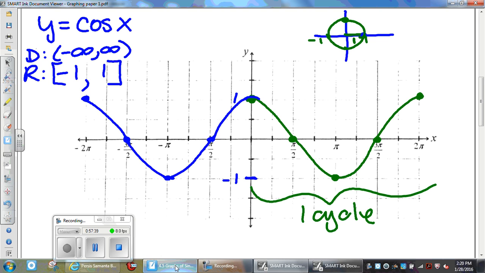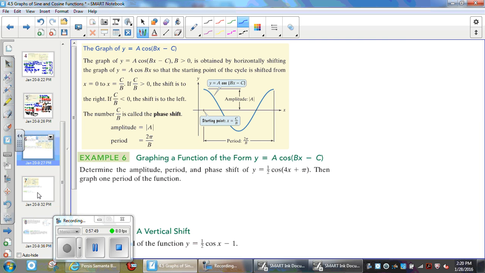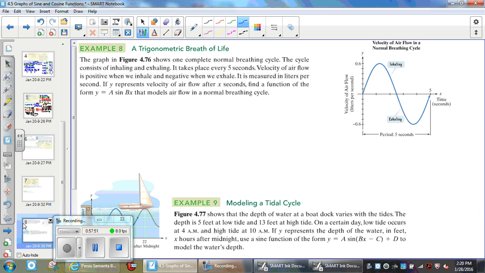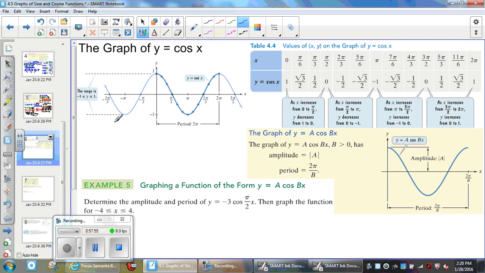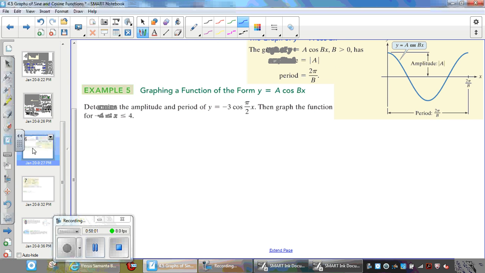All right, just quickly here, let's graph this one, and then that will be probably the last one we graph. I think that will be enough. How many more do we have? Oh, we have the word problems. Okay, so I'm going to have to ask you guys for a huge favor. And we're probably going to finish this in class.